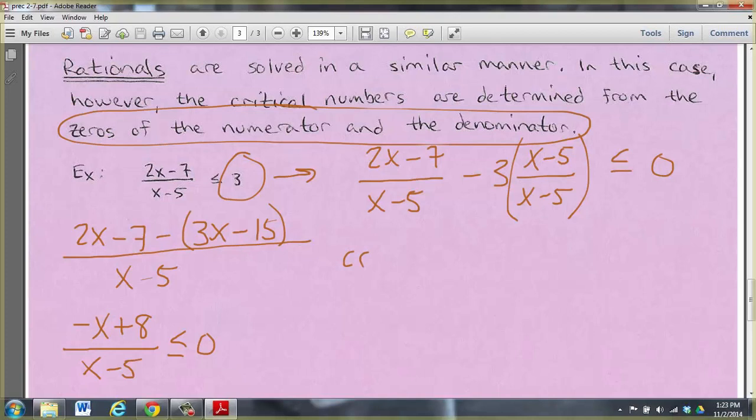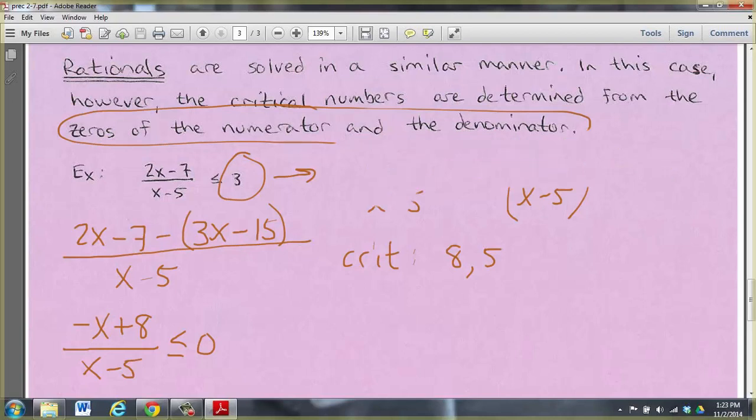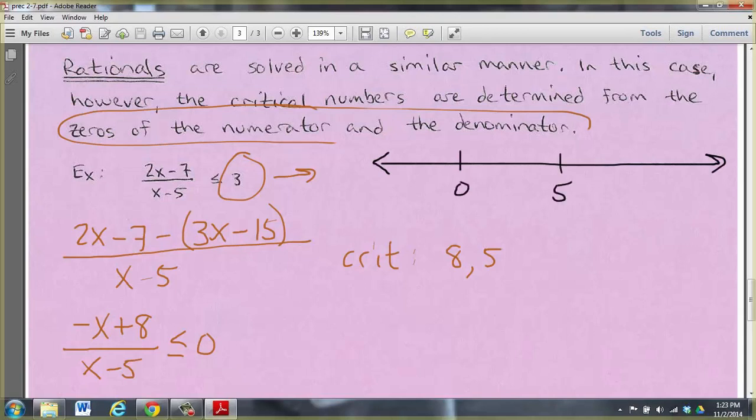So our critical numbers are 8 and 5. I don't feel like filling in this number line. I just know that I have critical numbers at 8 and 5.